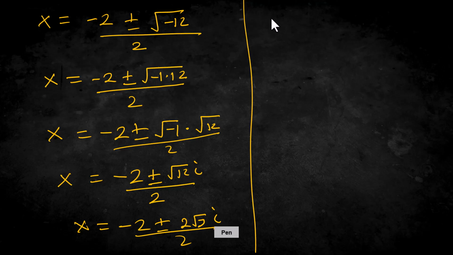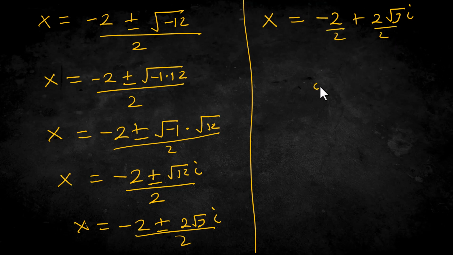the final answer will be x equals (minus 2 plus 2 root 3 i) on 2, or x equals (minus 2 minus 2 root 3 i) on 2.